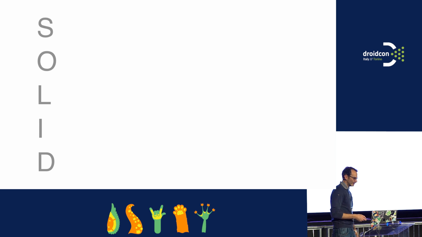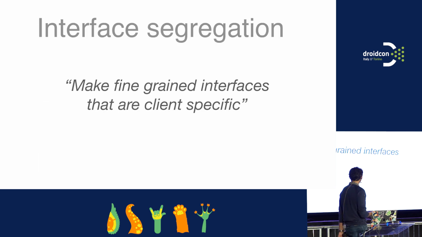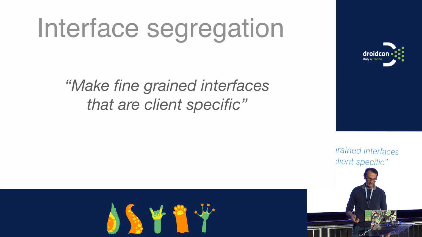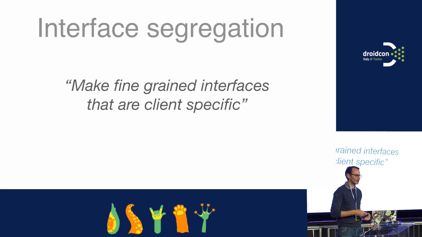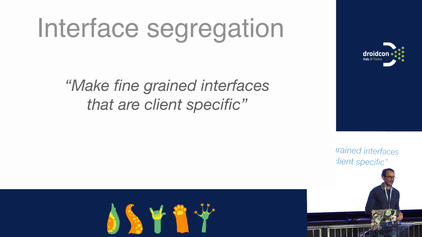Then there is the interface segregation. That says that we should make fine-grained interfaces that are client specific. So basically, we shouldn't create a big interface with a lot of methods. It's better to create a lot of small interfaces with just a few methods in each interface.